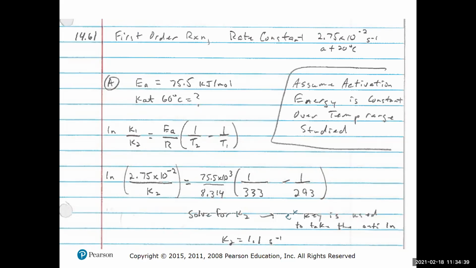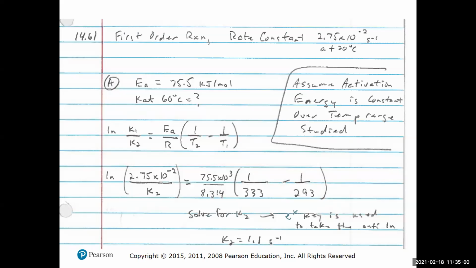Well, our gas constant is in joules. So that's why this is 75.5 times 10 to the third. We had to convert that from kilojoules to joules. And an easy way to do that is to just take that kilojoule number and times it times 10 to the third. Remember, 1,000 joules equals 1 kilojoule.